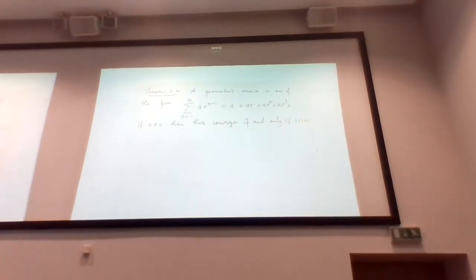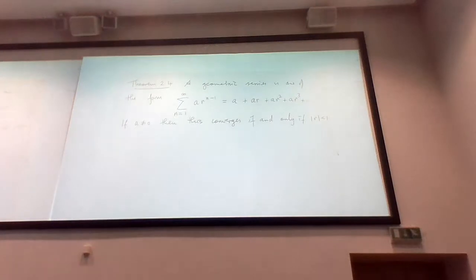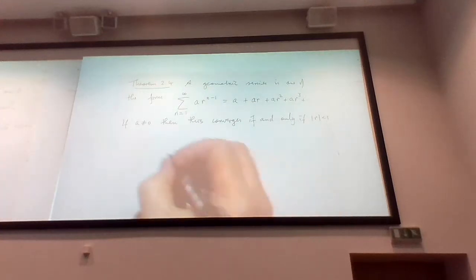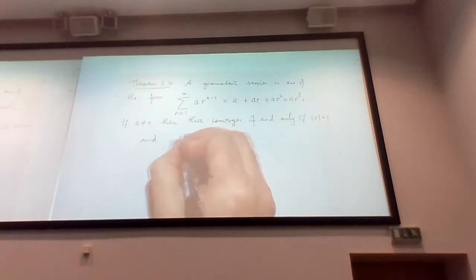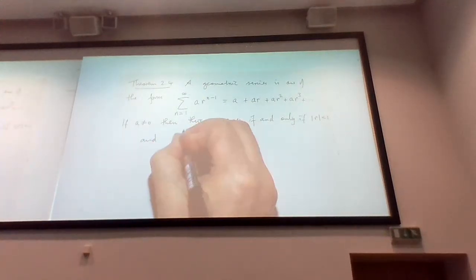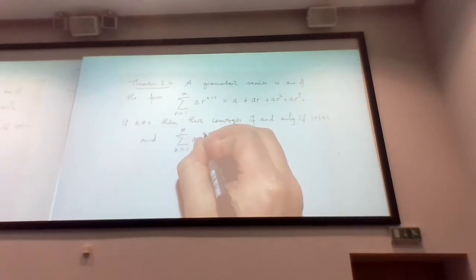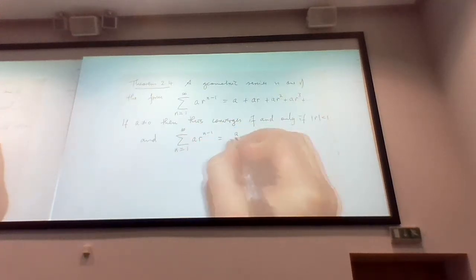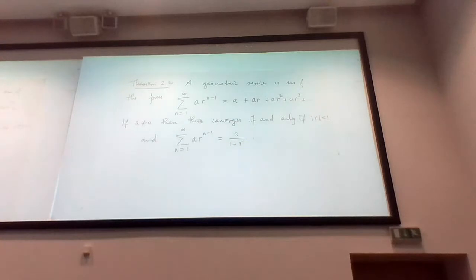So if the absolute value of r is not strictly less than 1, and a is non-zero, then the series diverges. And if it is strictly less than 1, in that case, not only do we know it converges, but we actually have a nice, simple formula that gives us the sum of the series.